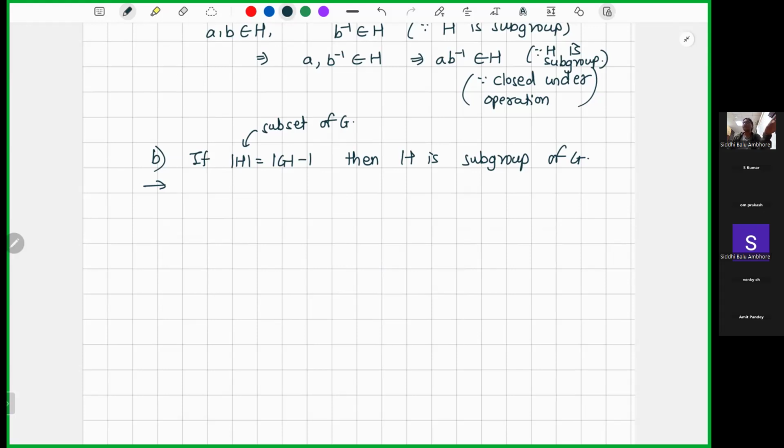Do you have any counterexample in mind, or it seems that this is not true? Ma'am, Z5. Z5, and what will be my H? What H would you like to take?